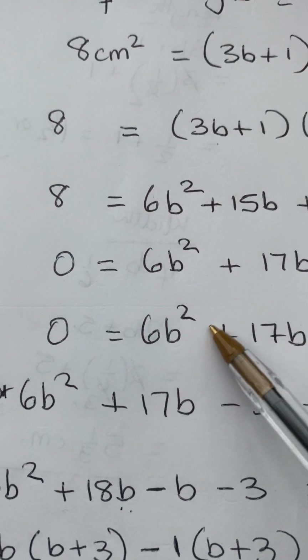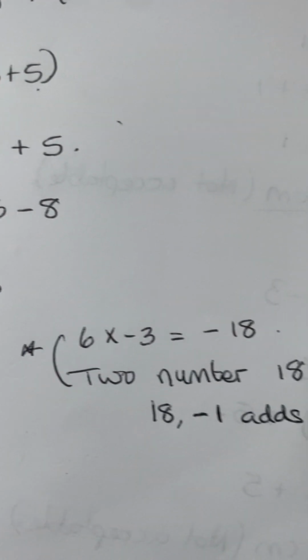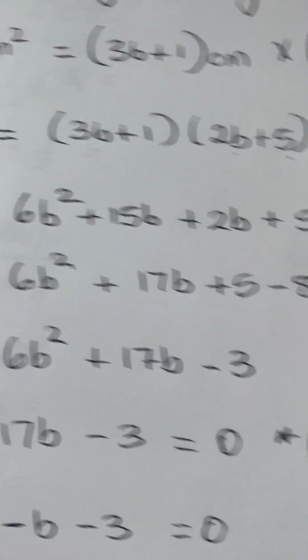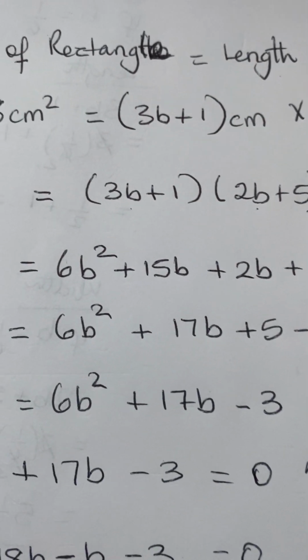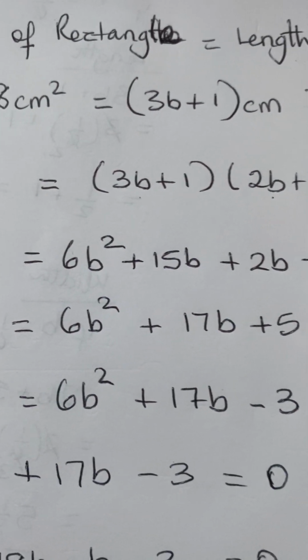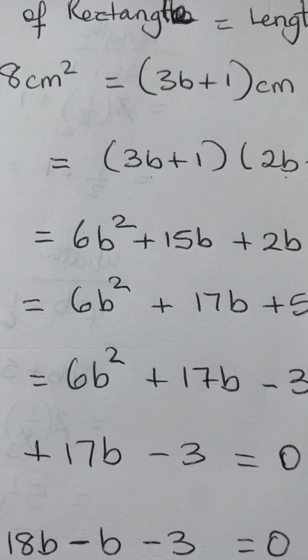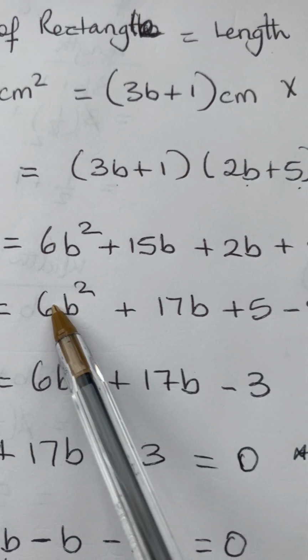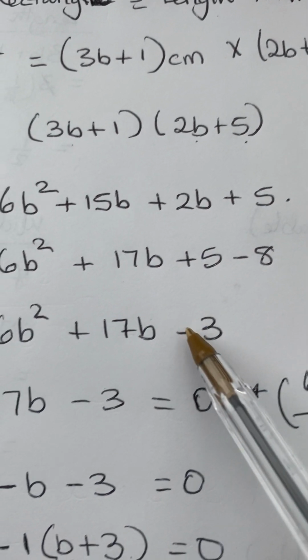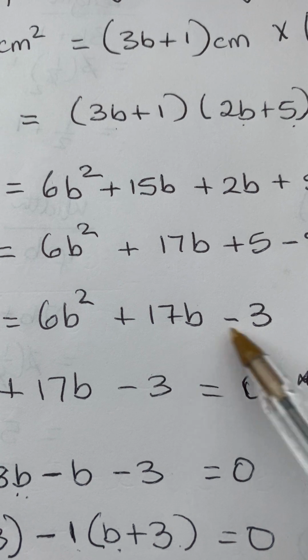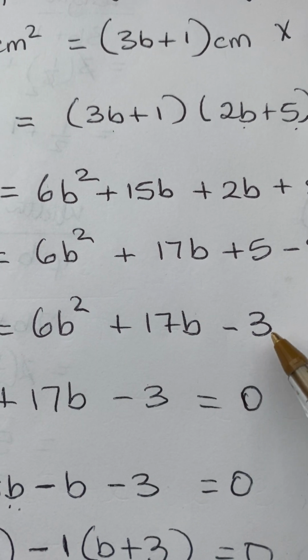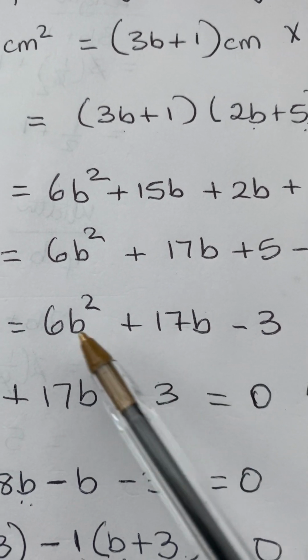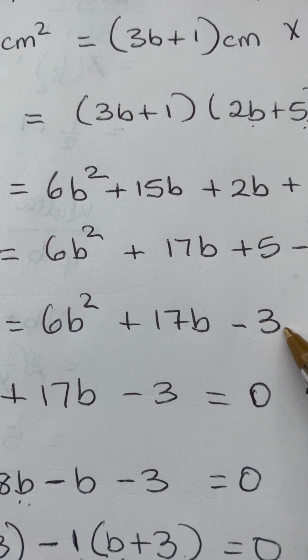You can use that, or you can use a simpler method. Because this is a calculator paper, I'll prefer using this, which I'll show you in a few videos from now. Now we have 6 and we have minus 3. When you multiply 6 and minus 3, you get minus 18.